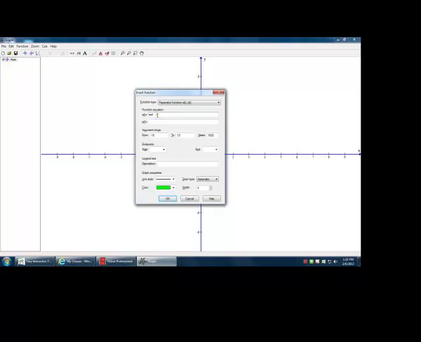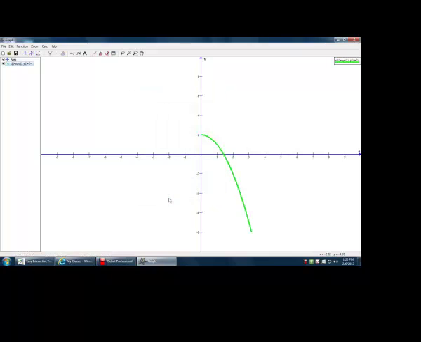So we'll type x equals square root of t, and y was 2 minus t. So write 2 minus t, and hopefully you can see it on the screen, and graph it. We let t go from, let's say, 0 to 10 in this case, and there it is.